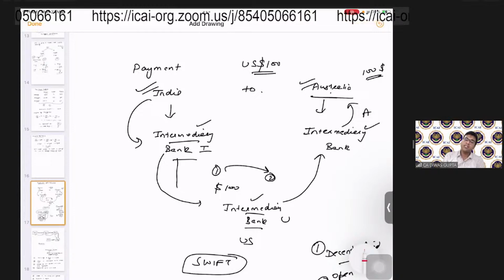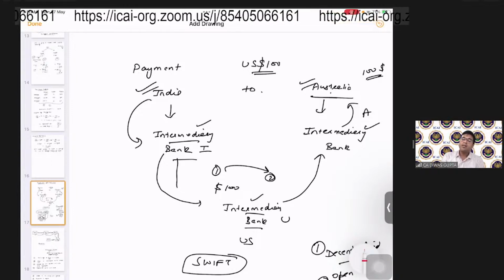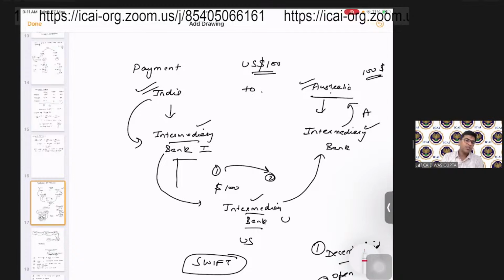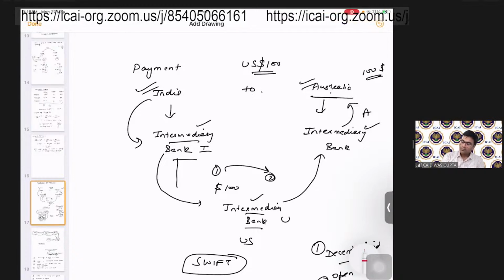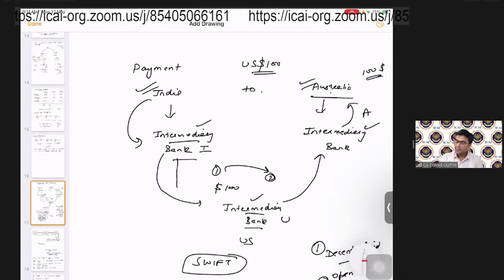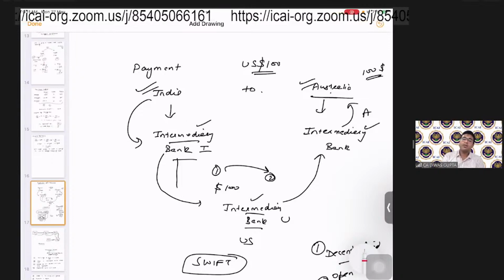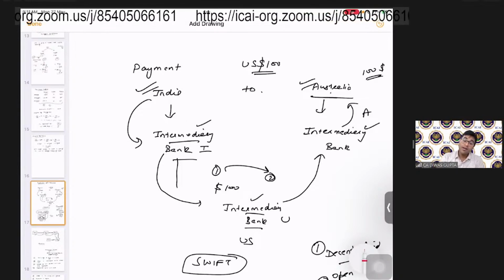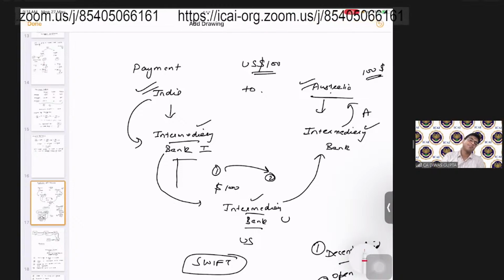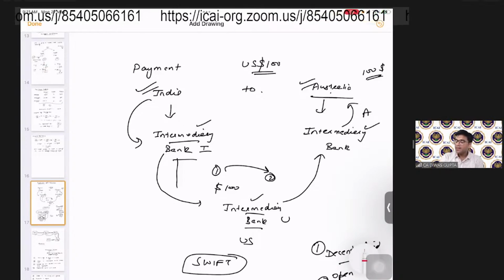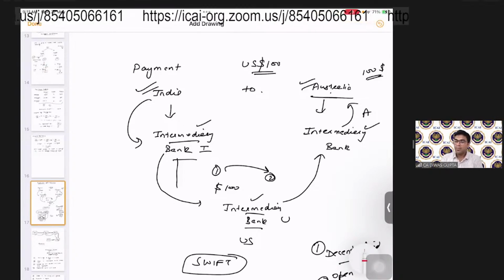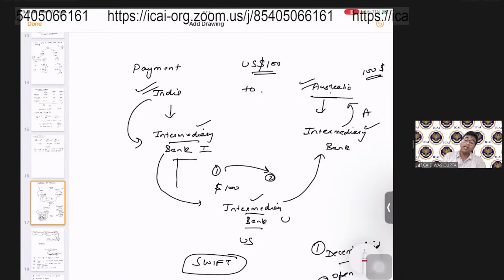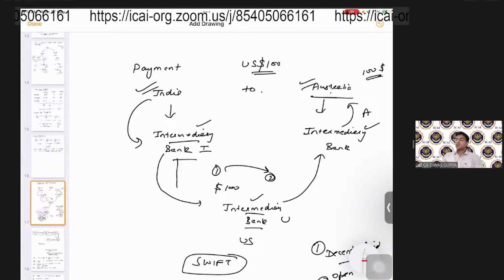Now we'll see how this will happen in a normal route. In a normal route, India will have an intermediary bank, and that intermediary bank for India will also have a tie-up with another intermediary bank of the US. And that US intermediary bank will have a tie-up with the bank of the Australian company that is holding the account, right?